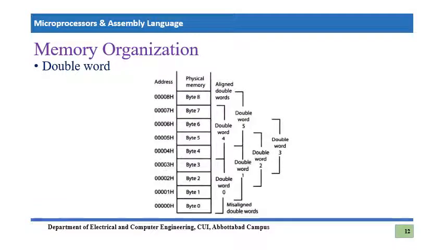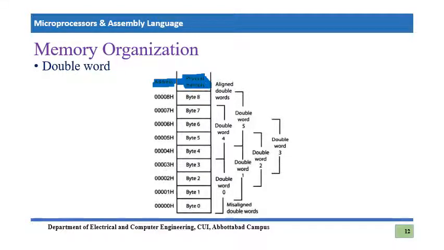Well, it is interesting. It is quite interesting. In this example, we are going to consider the same kind of example that we described in case of words, simple words, but here we are going to deal with pointers or the double word. Let me set the starting procedure. That is your address, and this is your physical memory.